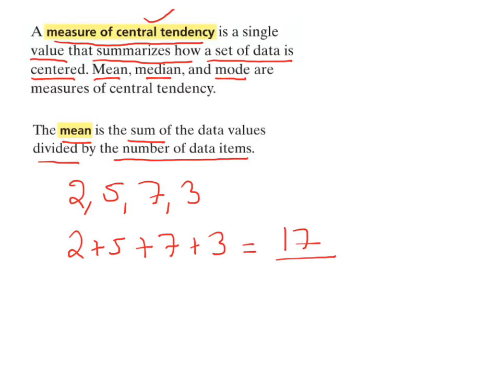How many data items are there? 1, 2, 3, 4. So divided by 4. 17 divided by 4 is 4.25. So that is the mean of these data items: the sum of all the data values divided by the number of data items.